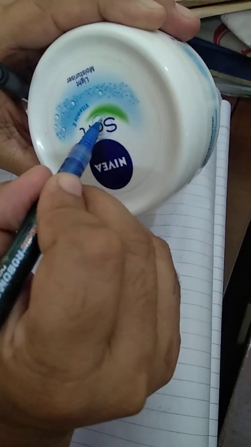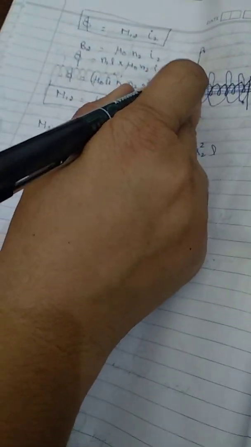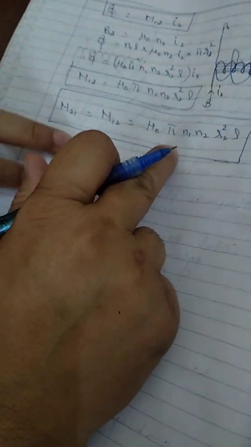So the flux will be associated with the same area, so instead of writing R1 square, we again write R2 square. So this is important, that the coefficient of mutual induction is the same whether we talk of coil A or B.